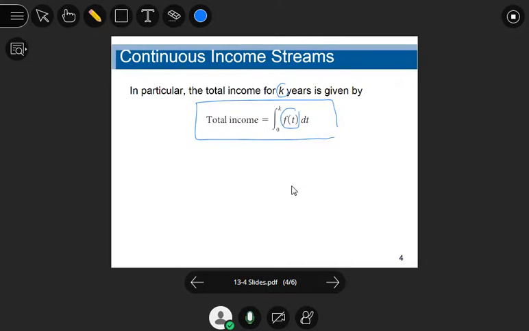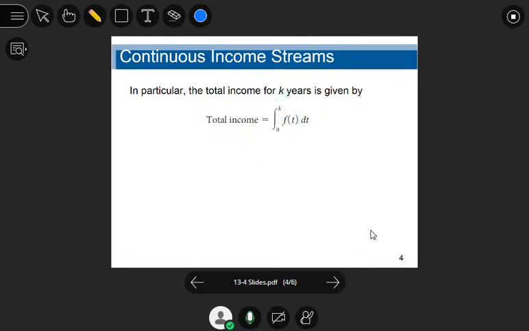If we need to calculate the income for 10 years, k becomes 10. In another problem it can be asked to calculate the income between 2 and 4 years. So your lower limit is 2 and k becomes 4. In this way you have to adjust to the given problem according to the given data. So this is the formula you have to use to calculate the total income.